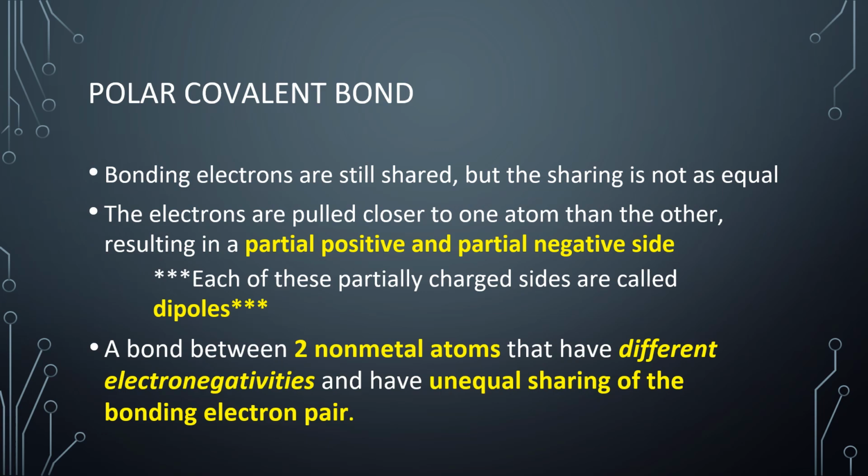The symbol for a dipole is a lowercase delta in Greek, and it can be either positive or negative. The one that has the partially negative dipole is going to be the more electronegative atom.